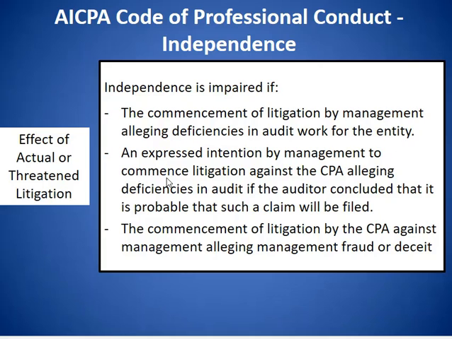Also, independence can be impaired if there's an expressed intention by management to commence litigation against the CPA alleging deficiencies in audit, or if the CPA concluded that it is probable such a claim is going to be filed by the client. That would impair independence.